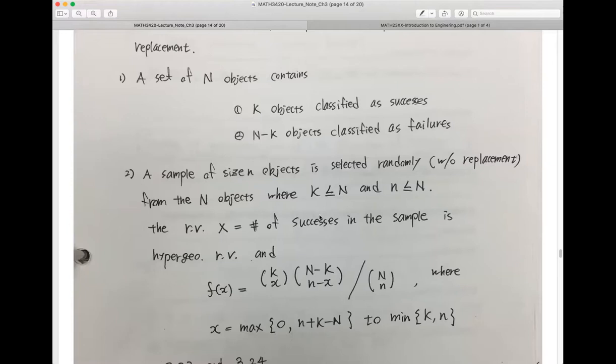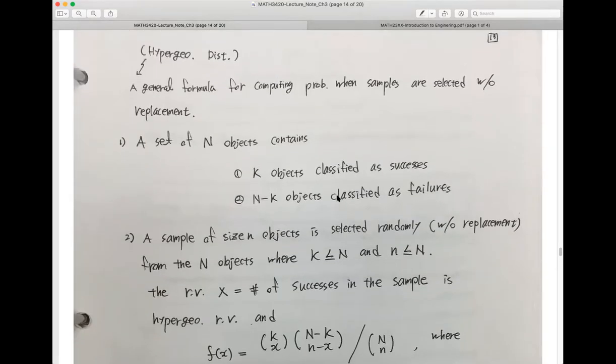But the key point is this: when you select the objects, since replacement is not allowed, that affects the probability mass function of the hypergeometric distribution. So let's take a look at this. The hypergeometric distribution is a general formula for computing probability when samples are selected without replacement.